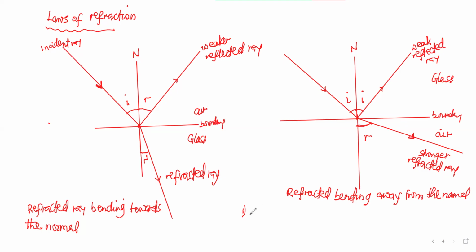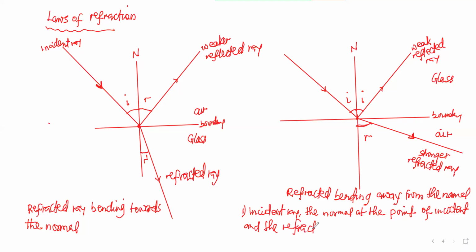And that is: the incident ray, the normal at the point of incidence, and the refracted ray all lie in the same plane.